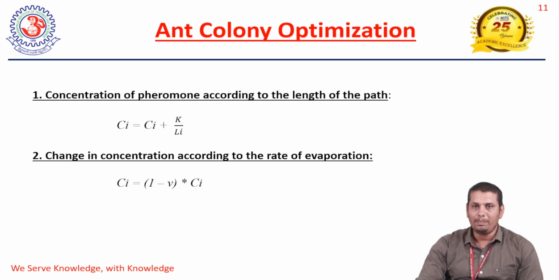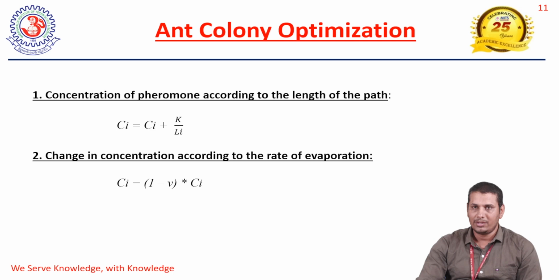Whenever a path is not being used, that means the ants are not traveling on the same path, so automatically that path is going to be disconnected, since no ants are following it. In whichever path I get this chemical smell in higher proportion, I automatically need to choose that path only. So how can I evaluate that pheromone concentration?